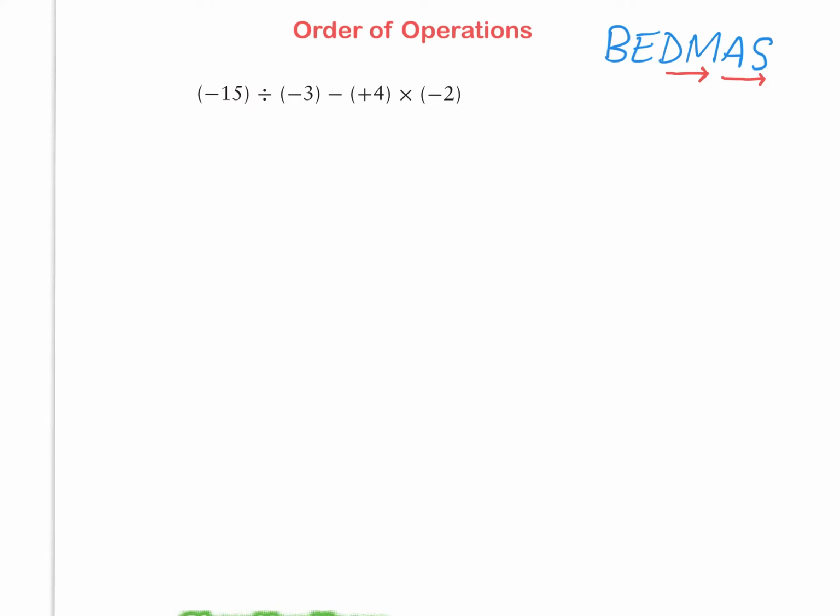So we've got a question here with some integers: negative 15 divided by negative 3 minus positive 4 times negative 2. We've got three operations: division, subtraction, and multiplication. Now, which ones do we do first? 99% of the battle with these questions is being organized.